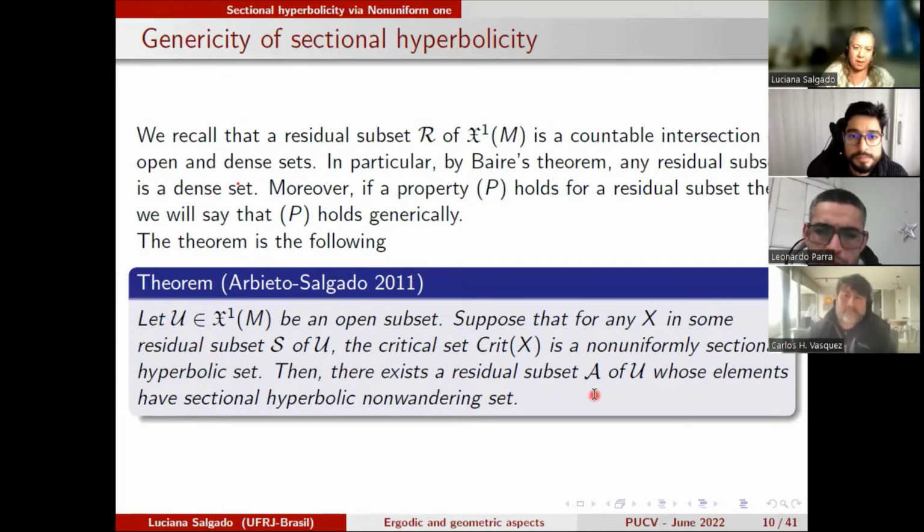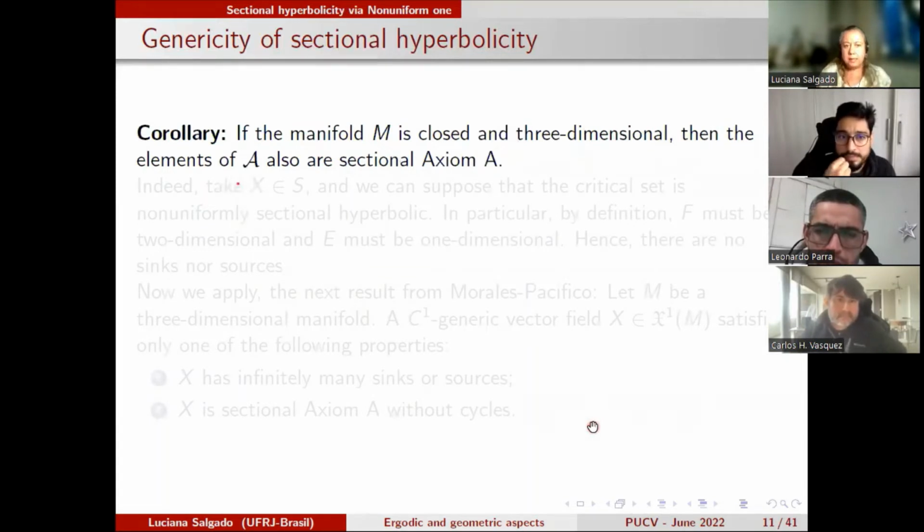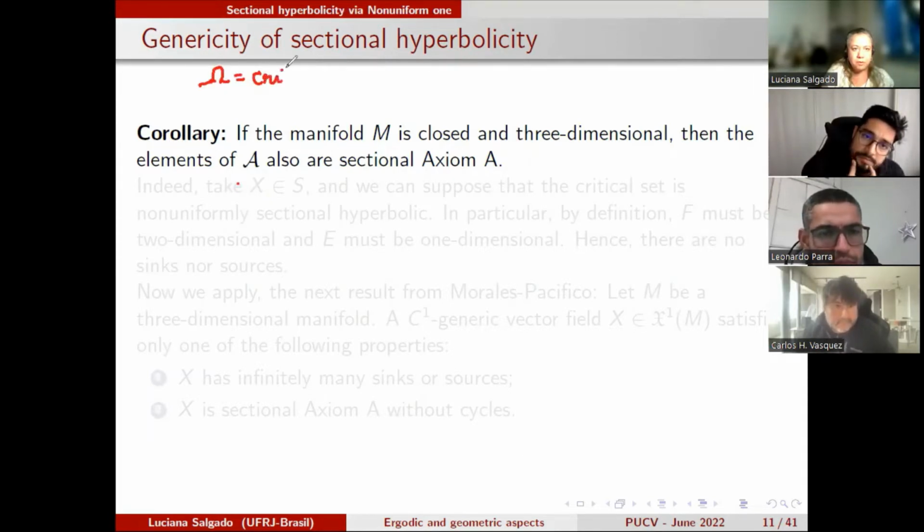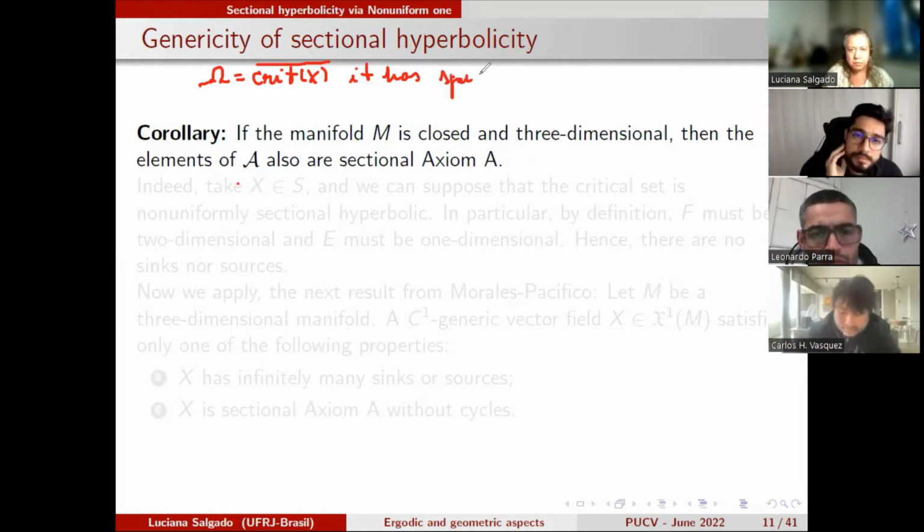In the case when M is three-dimensional, we get something more. We get a residual of sectional Axiom A. Remember, the non-wandering set is the closure of the critical points, and it has a spectral decomposition, like defined by Morales-Pacifico.